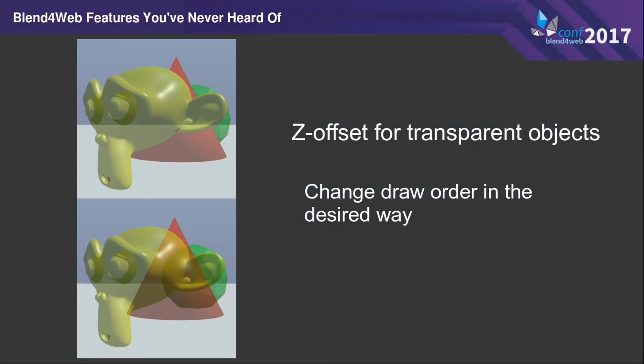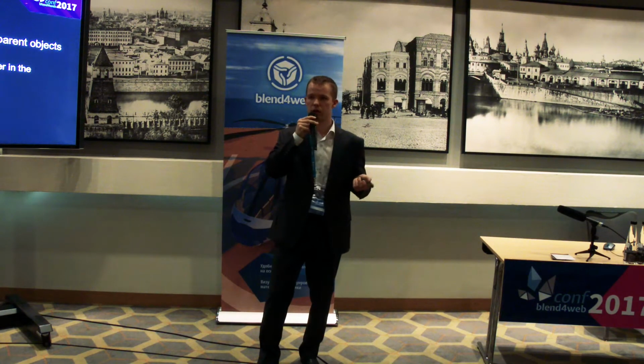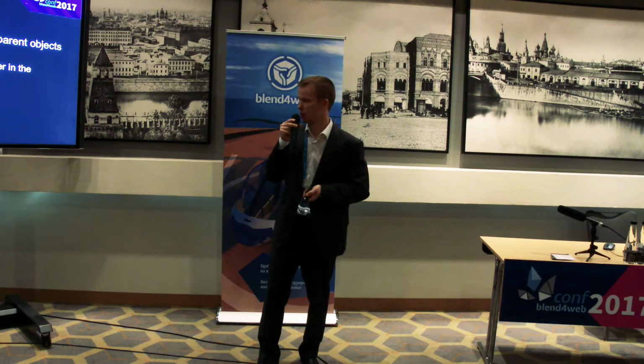So this is a tricky part. As you know, Blend4Web and WebGL are using OpenGL and DirectX as a backend to render all the stuff on the screen. And having all their advantages, there are also some disadvantages as well, of course.